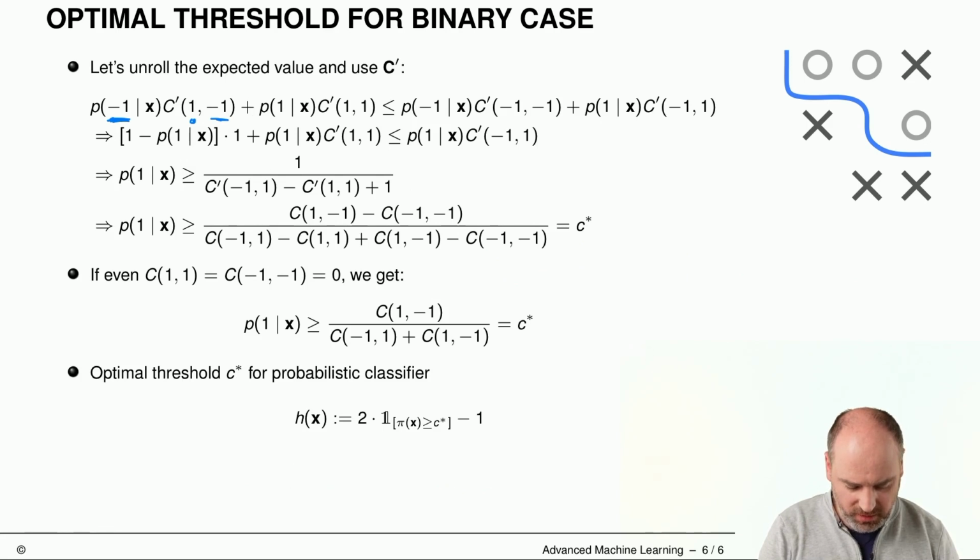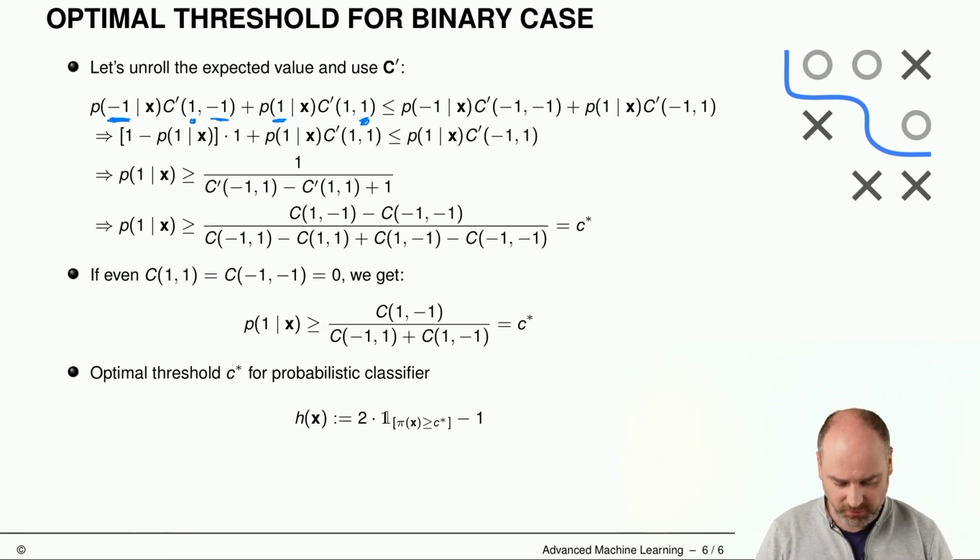This could be our true class, but we predict the positive one. We then take the probability of being in the negative class times the costs of predicting the positive class when we are in the negative one. Plus, second case, we could be in the positive class, and we take the probability of being in the positive class and the cost of being in the positive class and also predicting the positive class. We do exactly the same thing on the right-hand side.